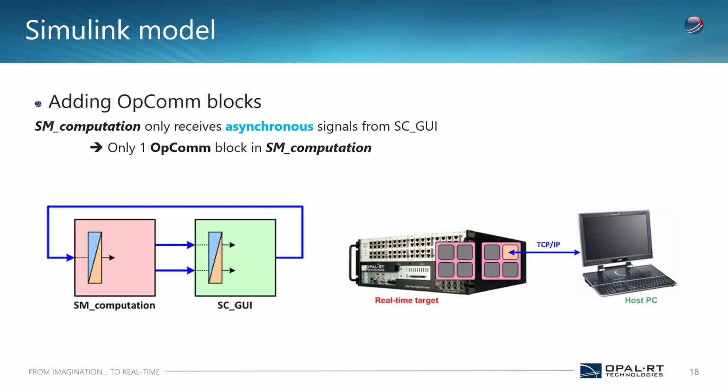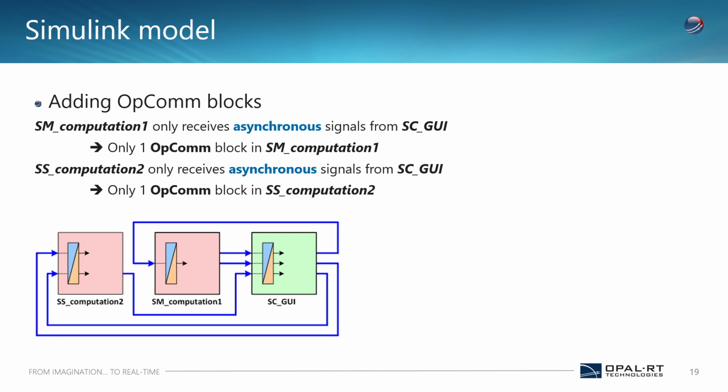Here only one SM computation means only one computation subsystem is in use, so it's taking only one core of your real-time target, the real-time simulator. Here three subsystems are created: one is SS, another is SM underscore, and another is SC.